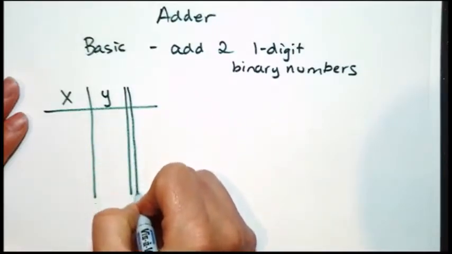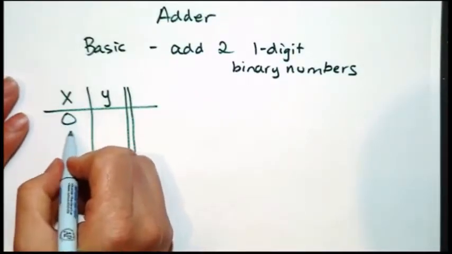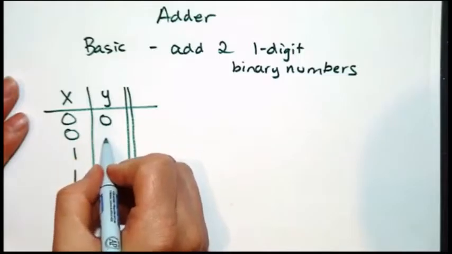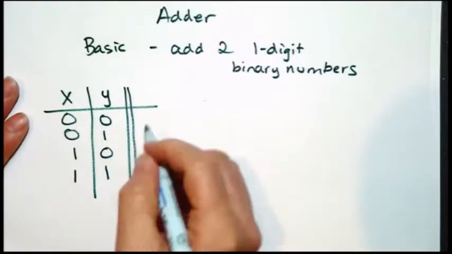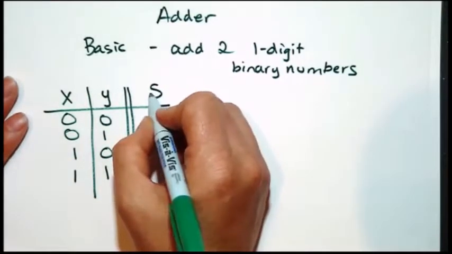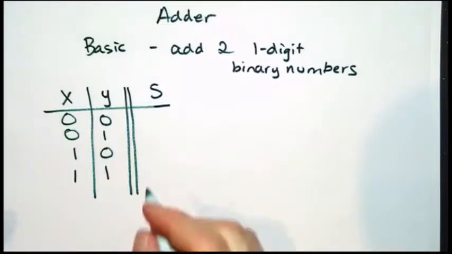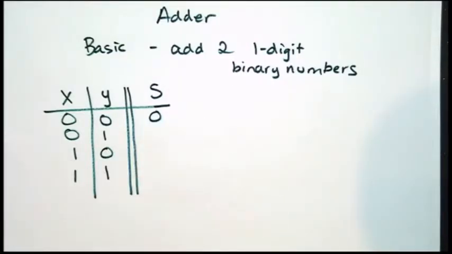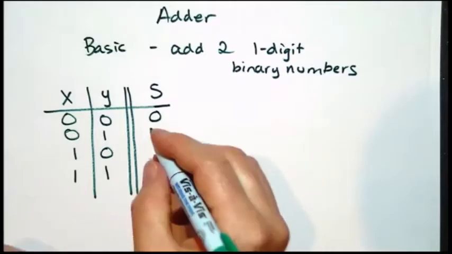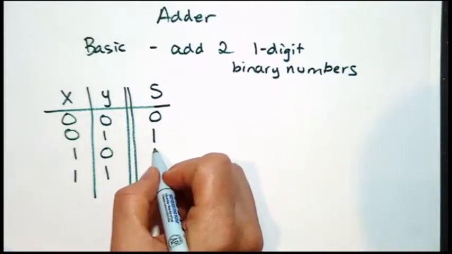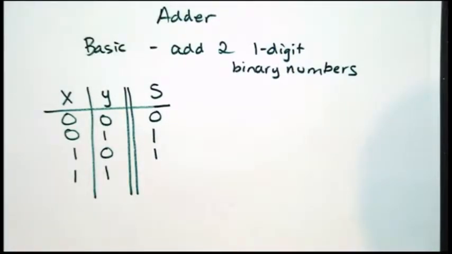Just like anything else, we will have a 4-row truth table for this, and we'll have a sum that is the output. If I add 0 plus 0, what do I get? If I add 0 plus 1, what do I get? If I add 1 plus 1, what do I get?